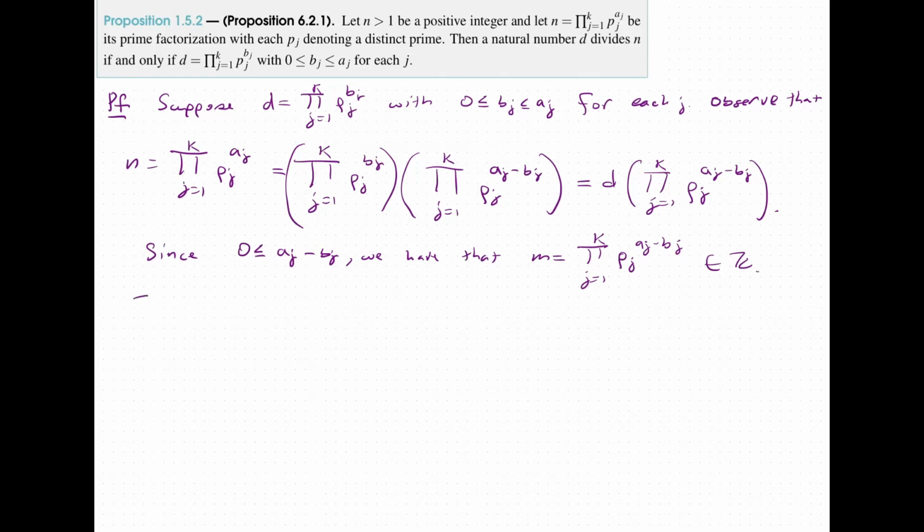So therefore, d divides n. And that's what we wanted to prove, that d divides n. So we are done with the proof of this proposition.